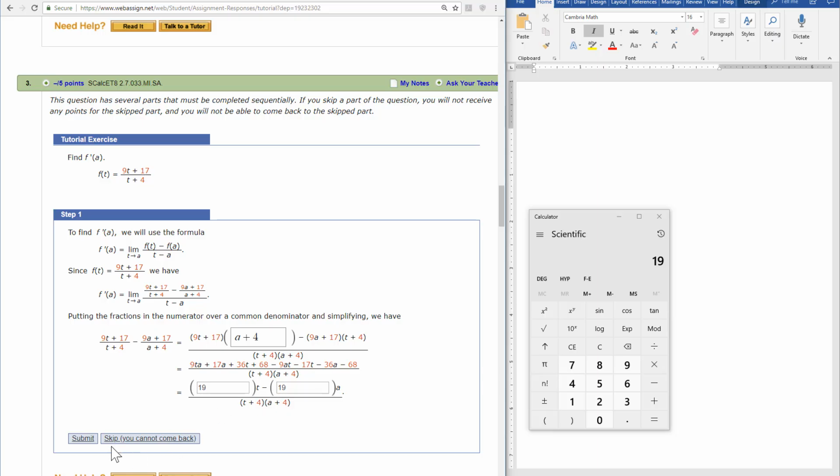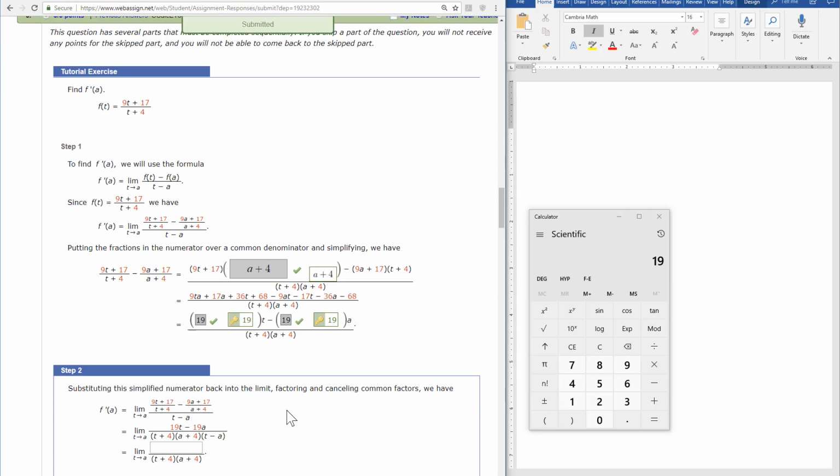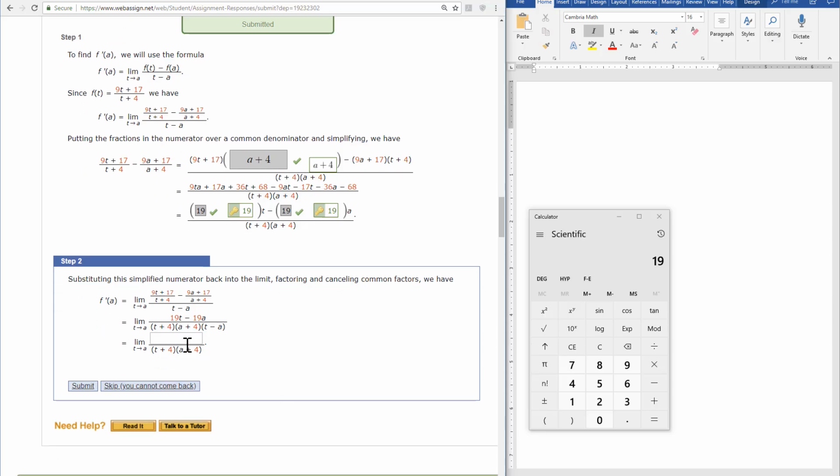So let's go ahead and submit that. So that looks good so far. And now the numerator, remember that we had just worked on the numerator, and this is just the numerator. So our whole numerator will go into this expression.